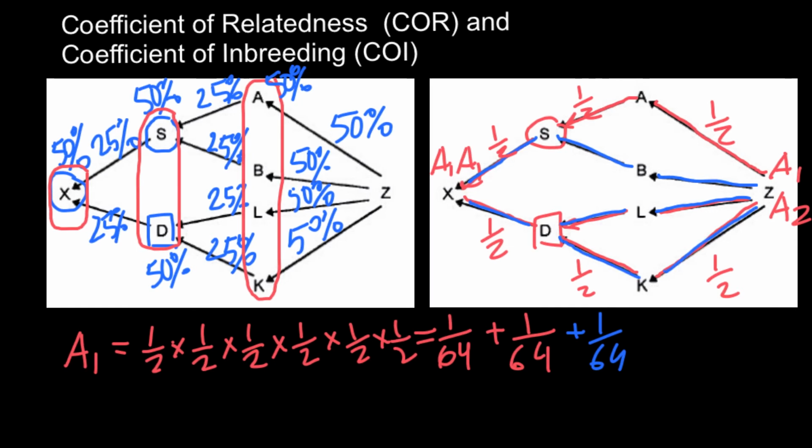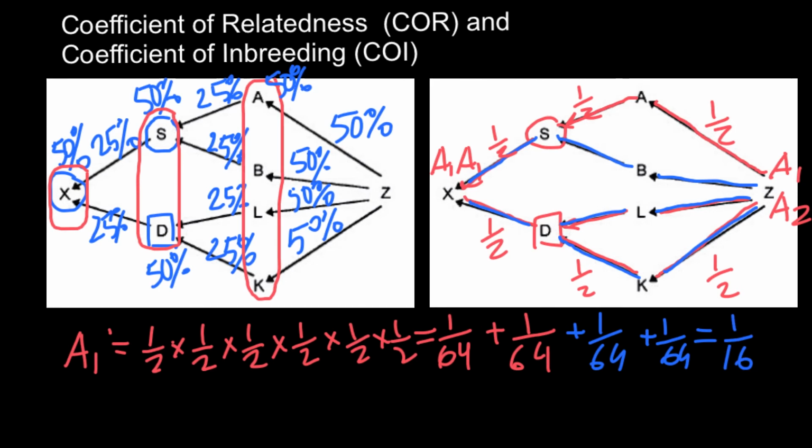As you see, four variants are possible for how individual X can be homozygous for the A1 allele. So 1/64 plus 1/64 plus 1/64 plus 1/64 would equal 4/64, which is the same as 1/16.